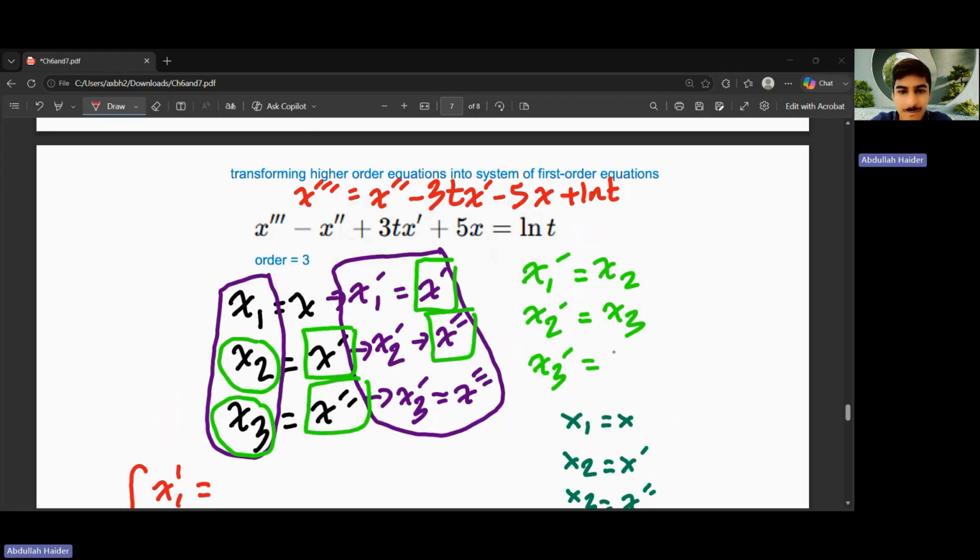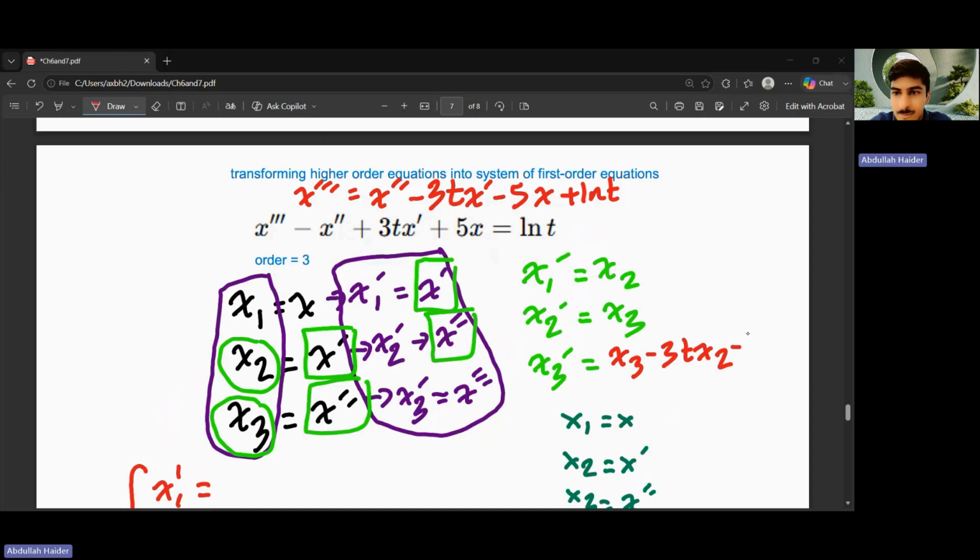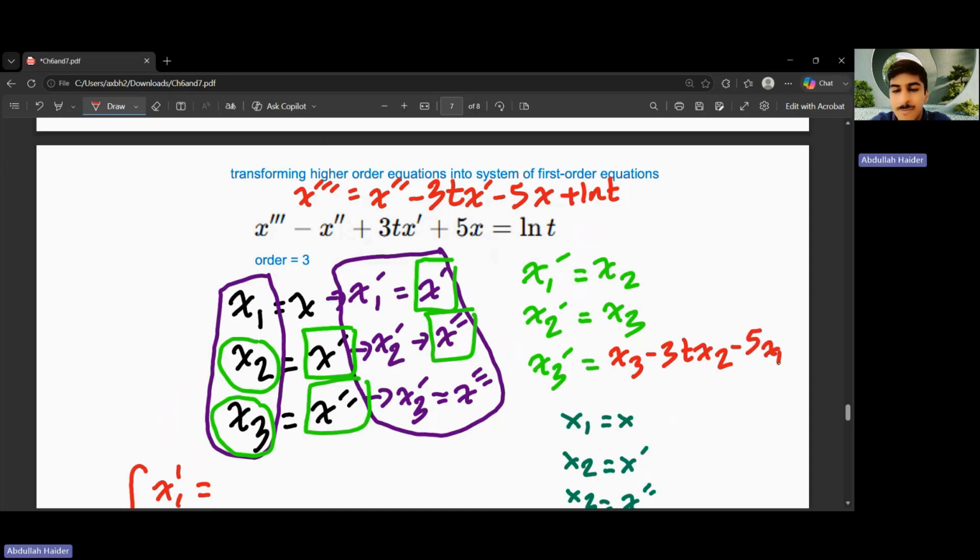So this means we'll have x3 here. x double prime represents our x3, minus 3t. Now our x prime is represented by x2. And our minus 5x, this is our x, and this is represented by x1. So minus 5x1, and you write plus ln t as it is.